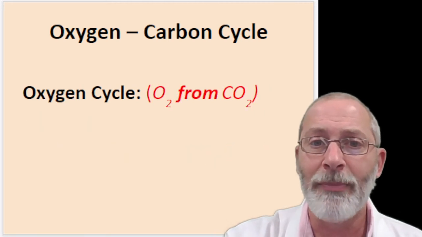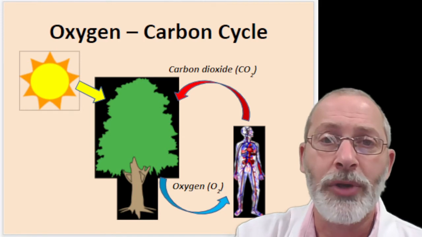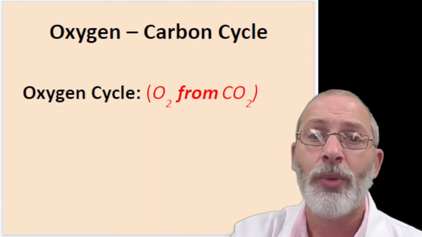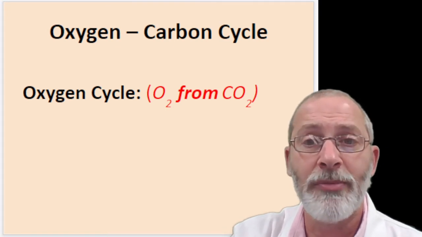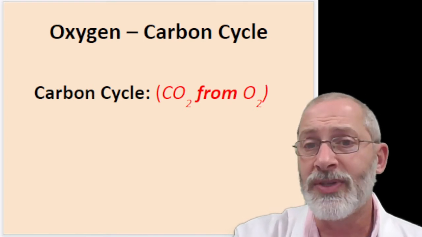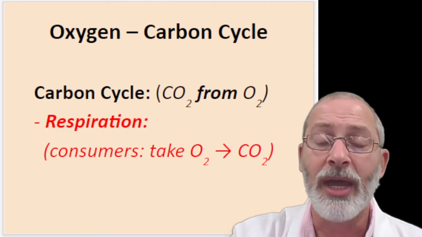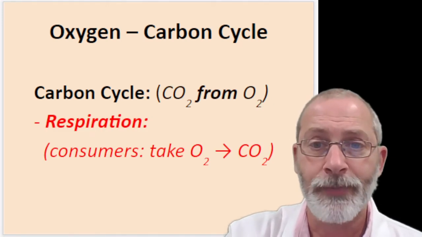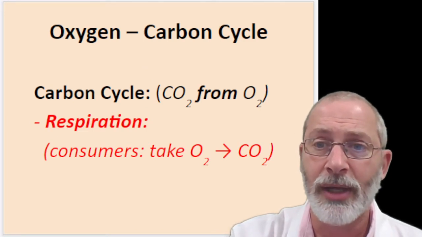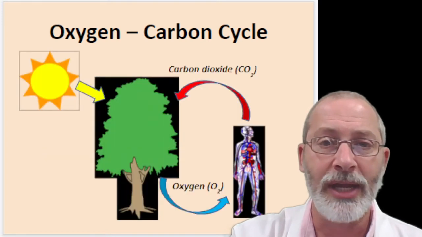So, just to recap, in the oxygen carbon cycle, we've got photosynthesis and we've got consumers going through the cycle from oxygen to carbon dioxide, and the carbon cycle, carbon dioxide from oxygen, the O2, and that's called respiration. So that is the oxygen carbon cycle, another very important part of the cycles of nature.